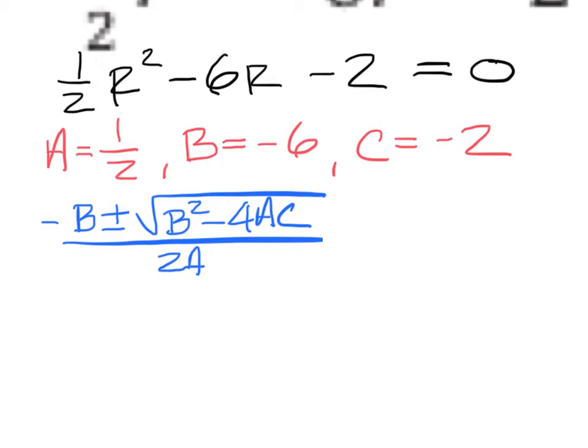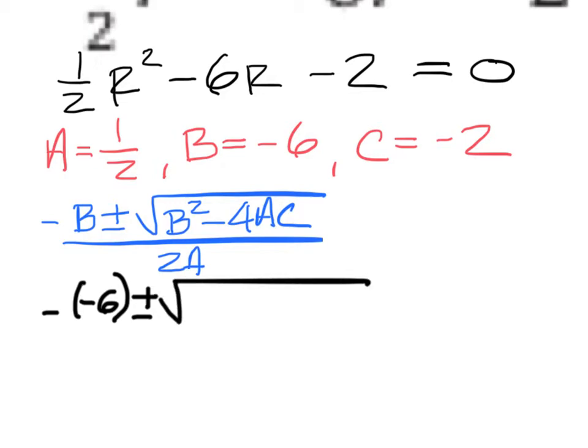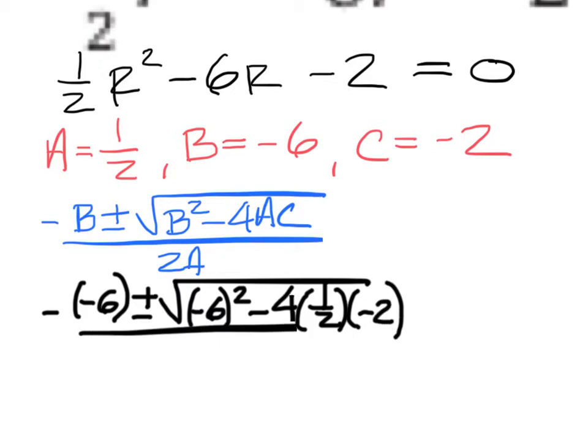Now we have a negative 6 for b, and in the formula it's negative b, so you're going to end up with a double negative again. Negative 6 plus or minus the square root of the quantity squared of negative 6 minus 4 times a half times a negative 2, and then all of that over 2 times a half.